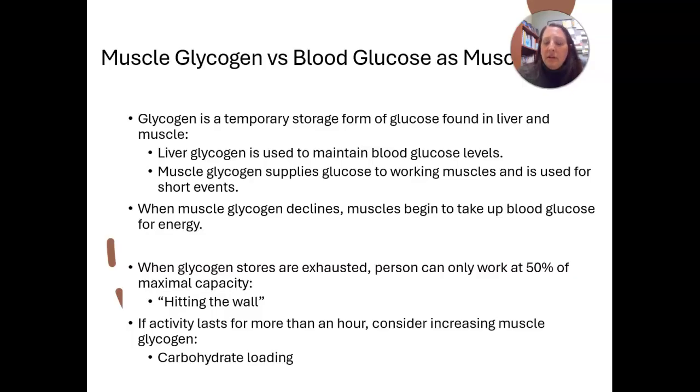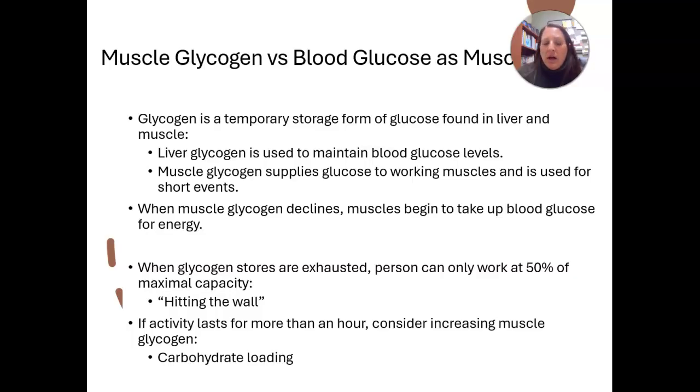Okay, liver glycogen will be broken down to maintain blood glucose levels. When blood glucose levels are high, glucose will be shuttled to the liver where glycogen will be made. Okay, muscle glycogen supplies glucose to the muscle, and it's used for short events.